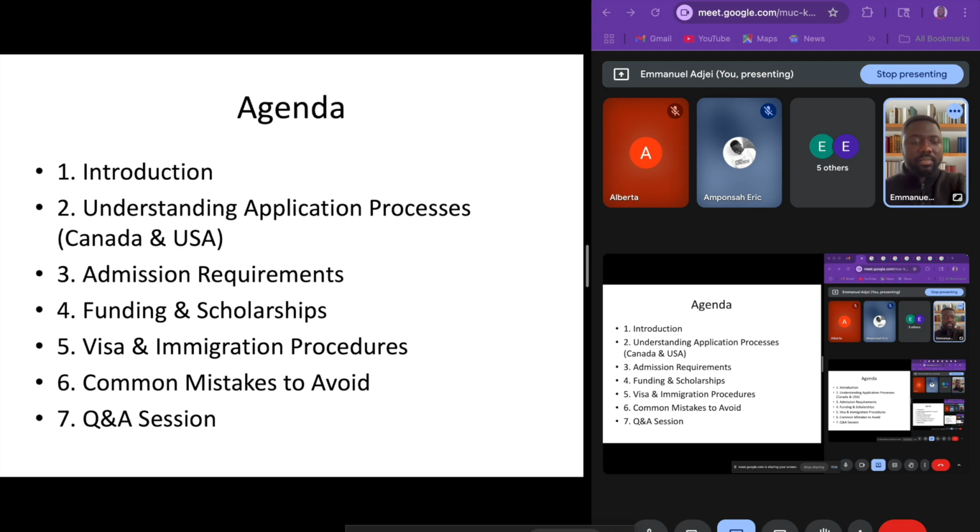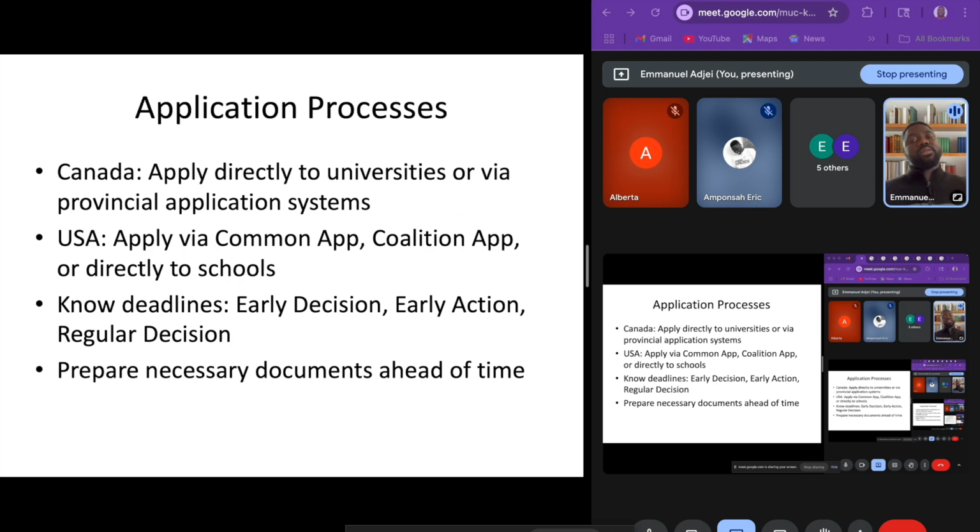Right, application process. Let me consider Canada. I'll run through this slide quickly and then we'll come to the demo so that we'll be able to see some practical examples of what we are talking about. In terms of the application process for Canada, I'll talk about Canada first because you don't need to attend a visa interview when you get admission to a Canadian university.